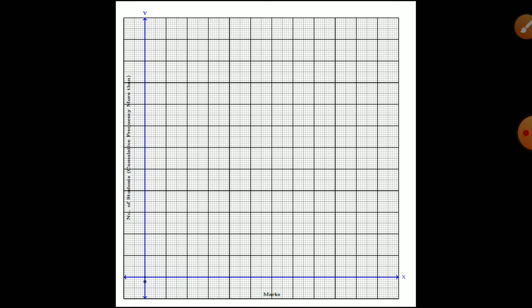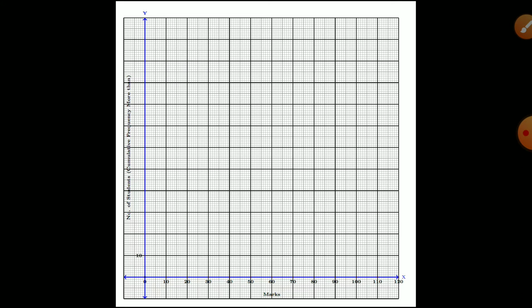So let us give the scale on the x-axis: 10, 20, 30, 40, 50, 60, 70, 80, 90, 100, 110, 120.